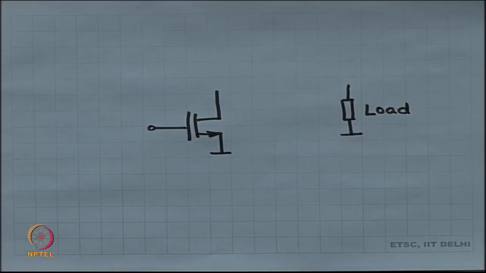So, let us say we are doing a class B power amplifier. We are trying to attempt a class B power amplifier, where the conduction angle is perfect 180 degrees. Okay. So, what does that mean?